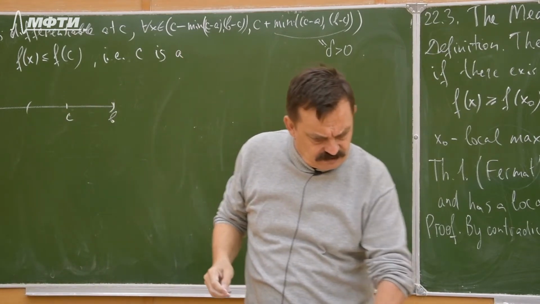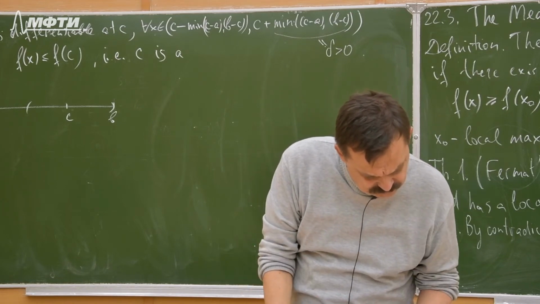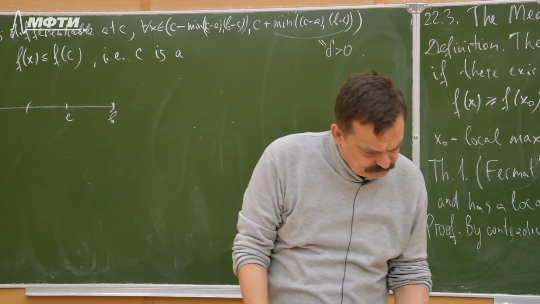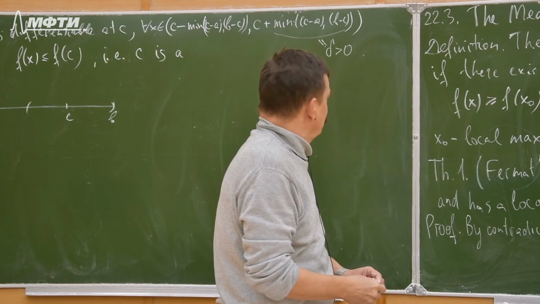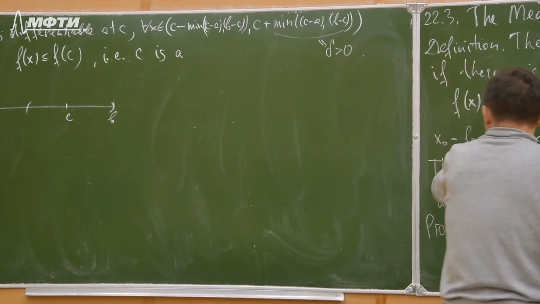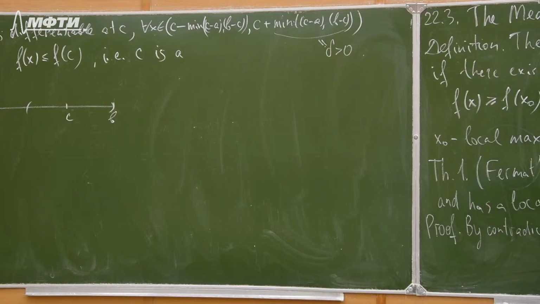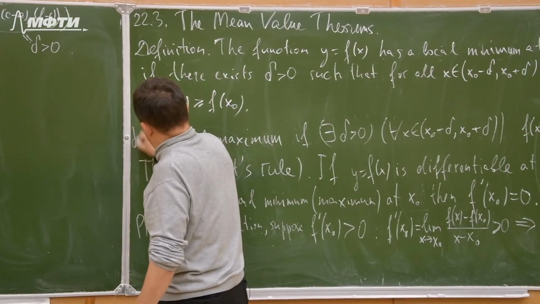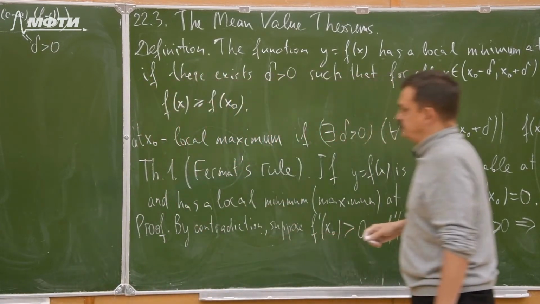Wait a minute. Local maximum point or local maximum? This abbreviation is not good, right? So f has a local minimum at x naught. We have a local maximum at x naught.